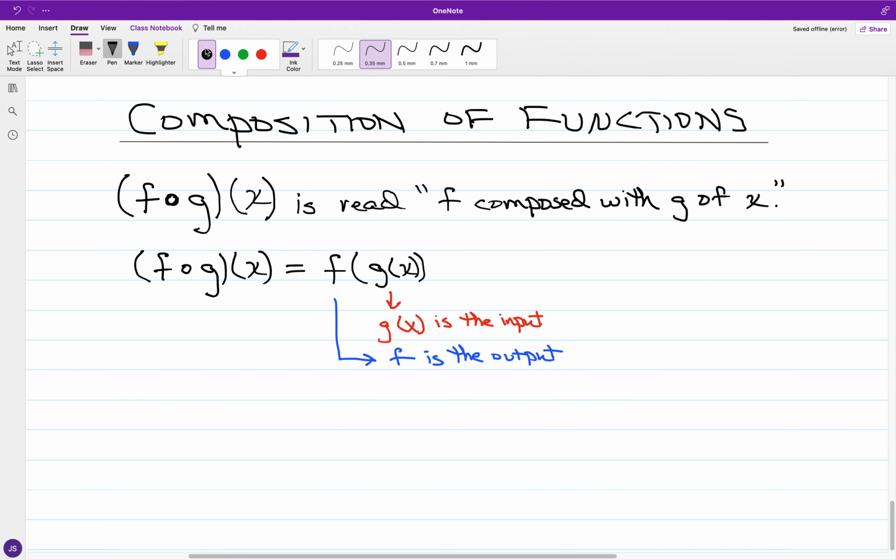And if I reverse the sequence, I'm going from f o g of x to g o f of x. We're just doing the reversal. So with g at the front and f to follow, this particular composition is going to be read g composed with f of x.